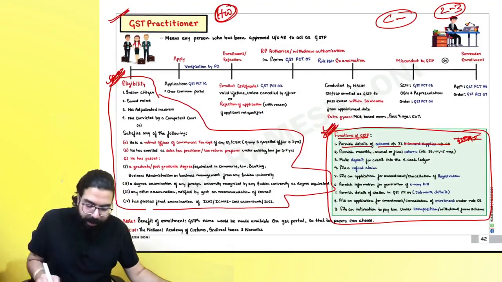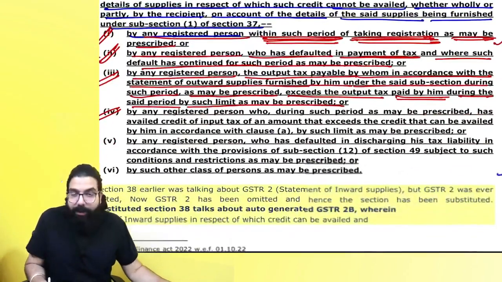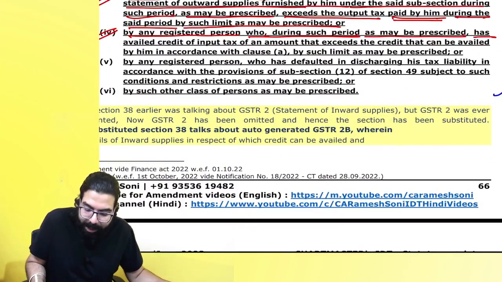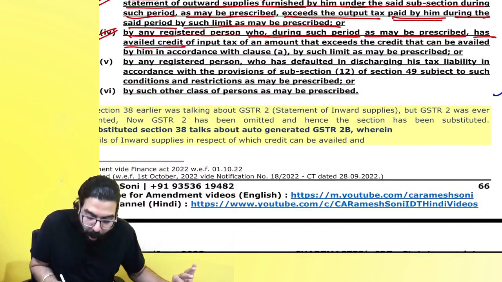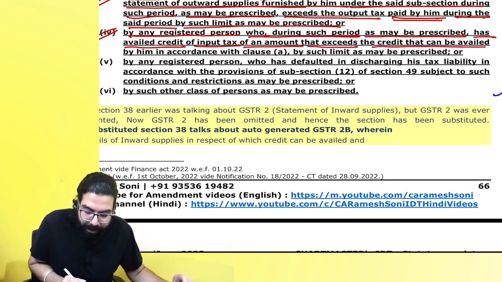The next one over here is, sir, they are telling, if the details in the GSTR1 are furnished by a registered person who during such period as may be prescribed has availed the credit of input tax of any amount that exceeds the credit that can be availed by him. What is it telling?